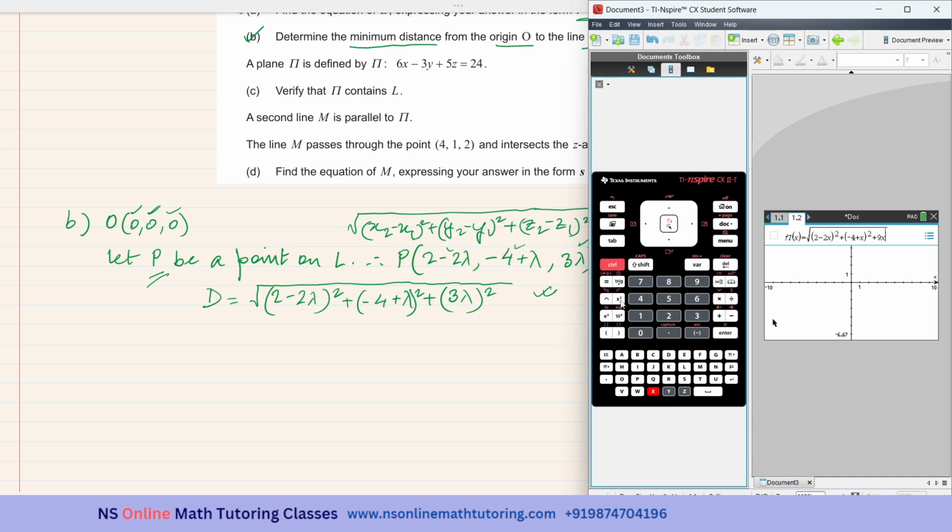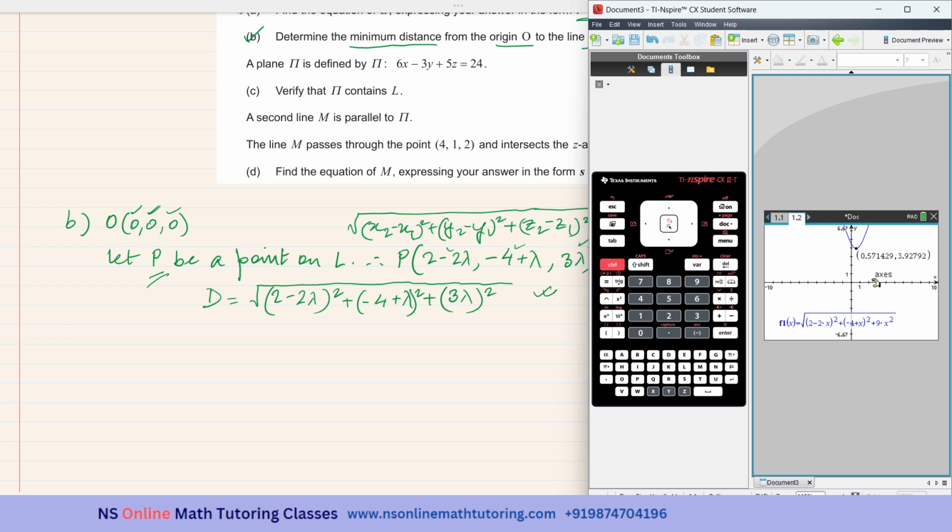Okay, and Enter. Fine. So we are having the graph and we are having the minimum point also. That will be the y coordinate of the minimum point will be the minimum distance. So analyze graph and minimum. So you see the y coordinate is 3.92792. So correct up to 3 significant figures, it will be 3.93. Okay.